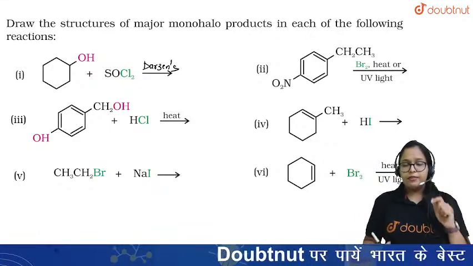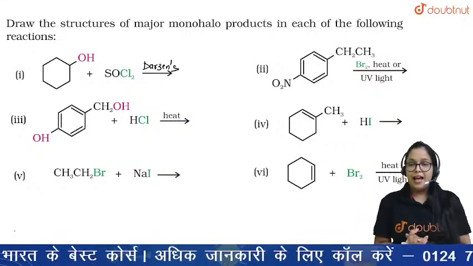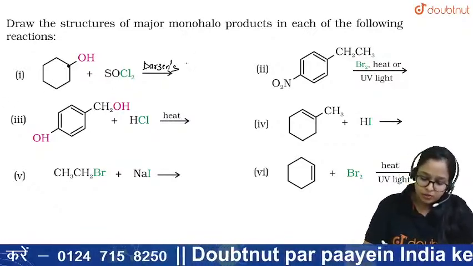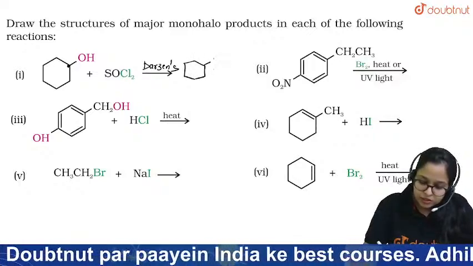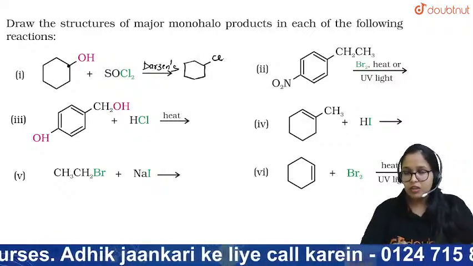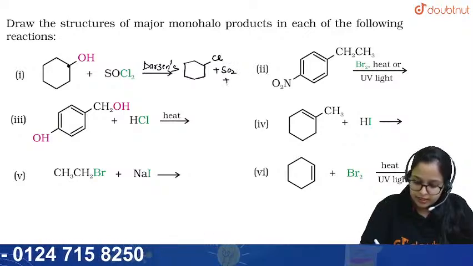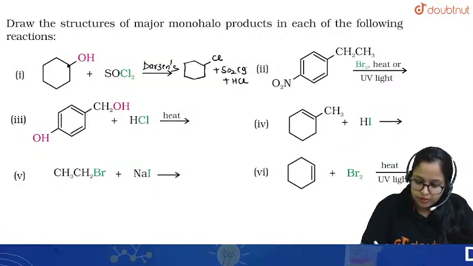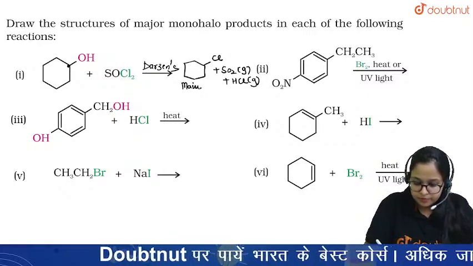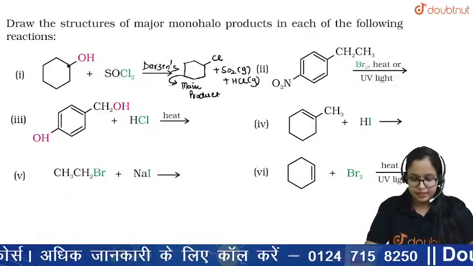They get separated by themselves, right? So when an alcohol group is there, you treat it with SOCl2. The major product you get is chlorocyclohexane, and SO2 and HCl are the byproducts that get removed. So the main product is your chlorocyclohexane.